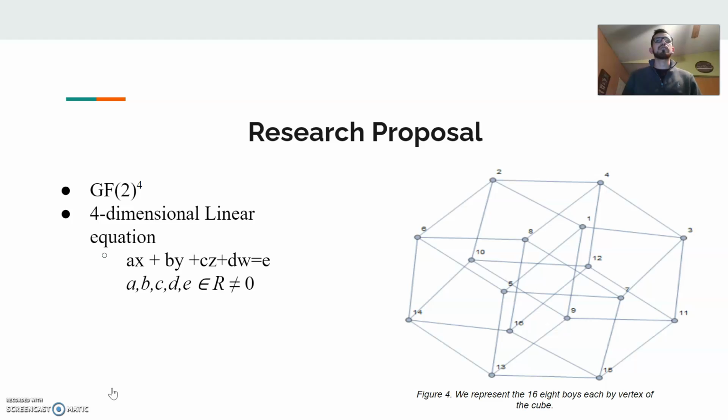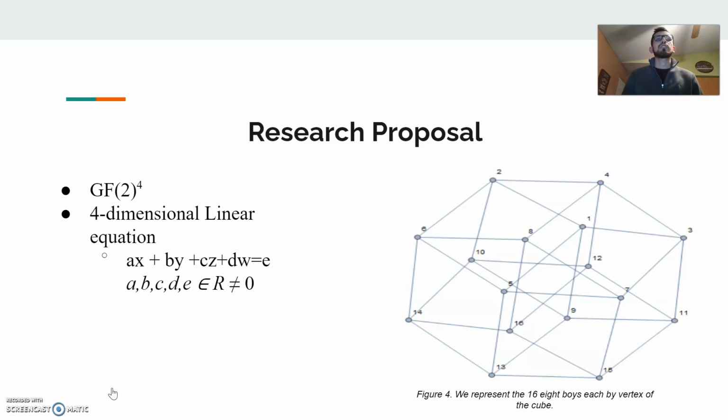Alright, now for my research proposal. We would take the same approach, but this time instead of working with 8 players, we're going to be working with 16 players. Likewise, with the first example, we would be working with Galois field. However, we're going to be working with Galois field 2 to the 4th power instead of Galois field 2 cube.